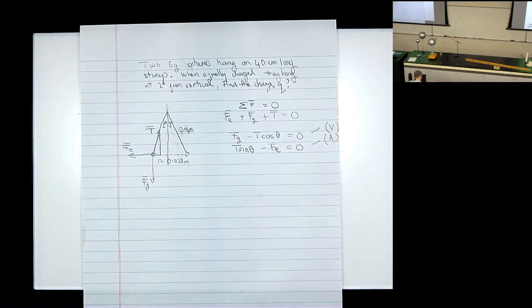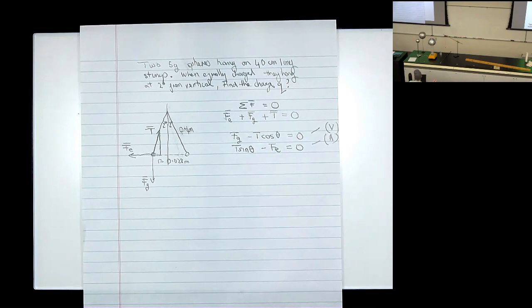So in this second equation, there's a second balance happening. It's in the horizontal direction. This electrical force towards the left is being balanced by the horizontal component of tension towards the right. So here's the electrical force towards the left. Negative direction is towards the left here.